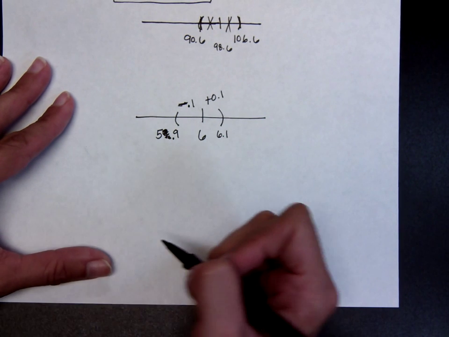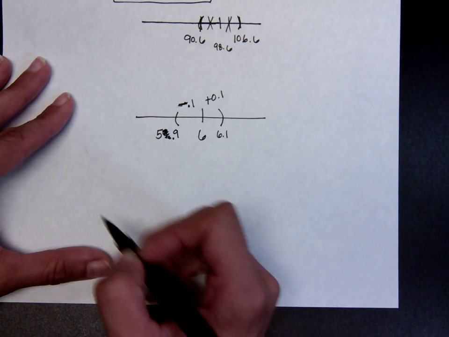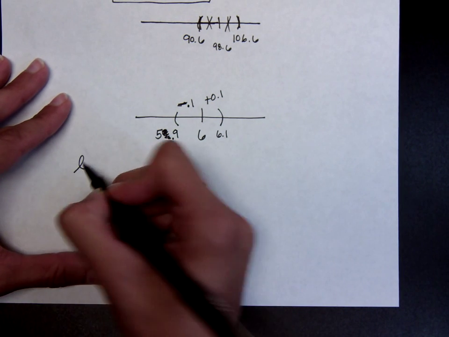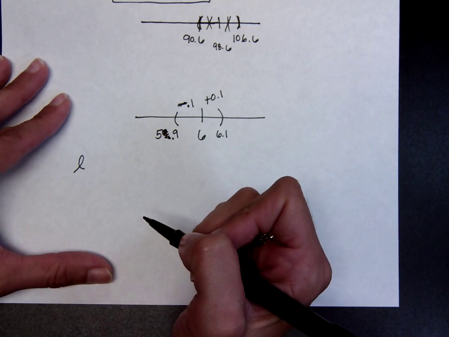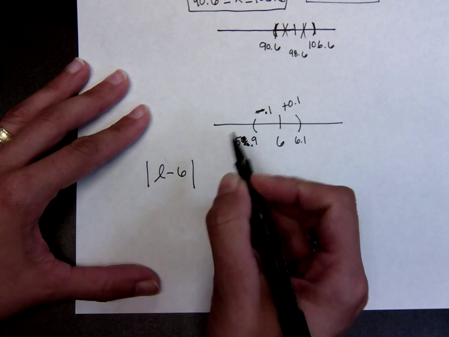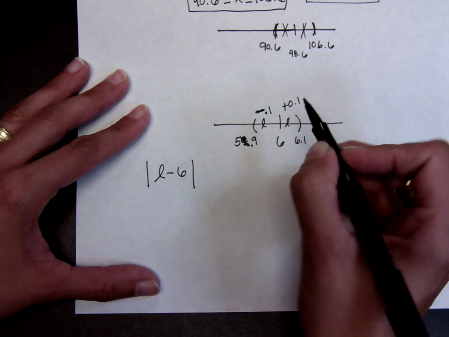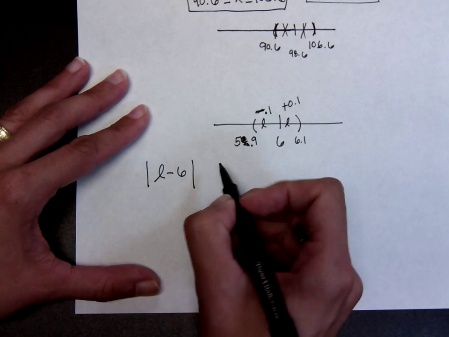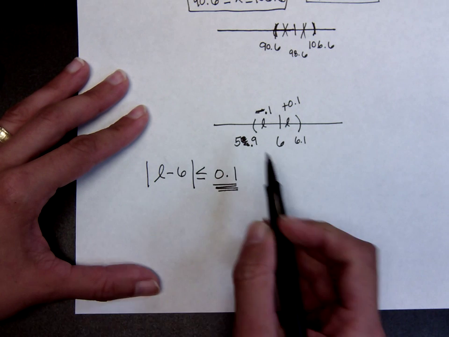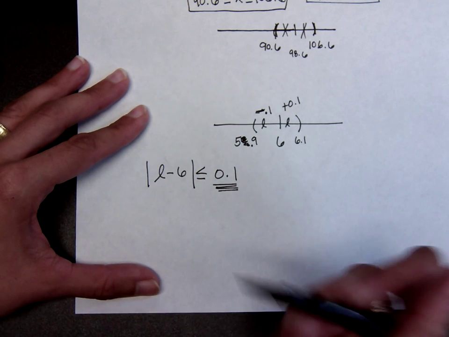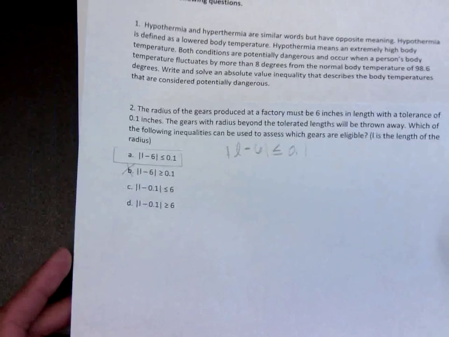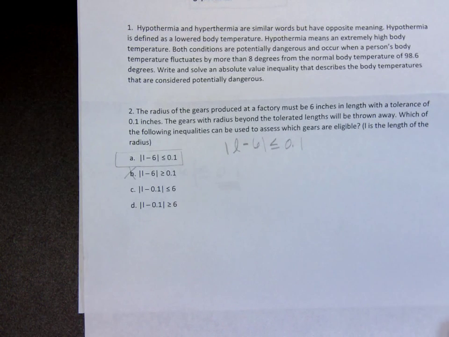So can we write an inequality that demonstrates the situation? Well, let's call the length of the gears that we find acceptable L, and let's write that we want that distance between L, like this could be L, anything within that tolerance, right? L minus 6, well, we want that to be less than or equal to 0.1. That's our tolerance level. We're saying if it's more than that, it's getting thrown out. So do we have an answer choice that models that?